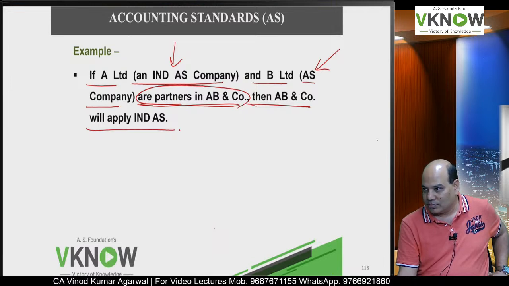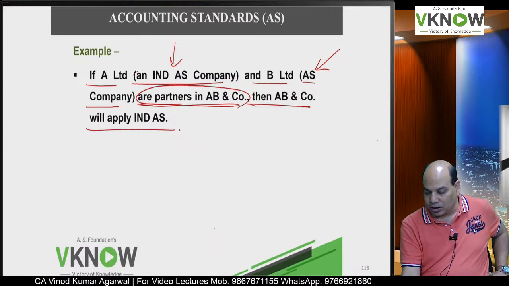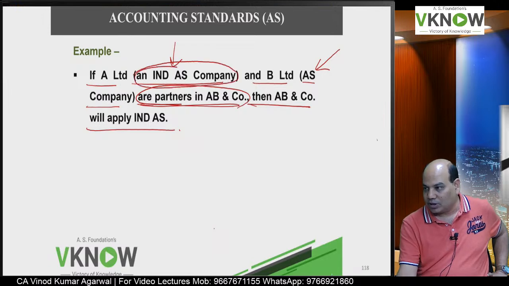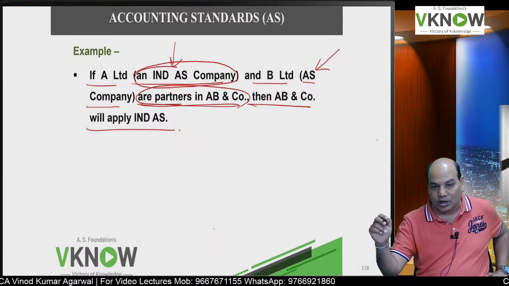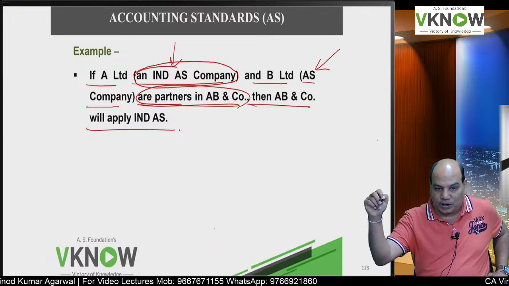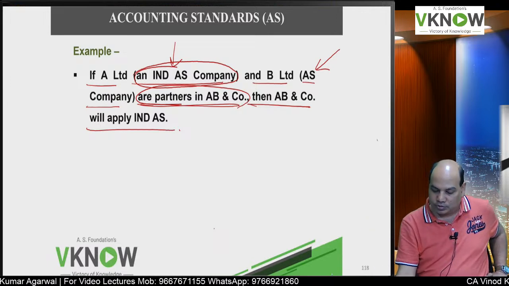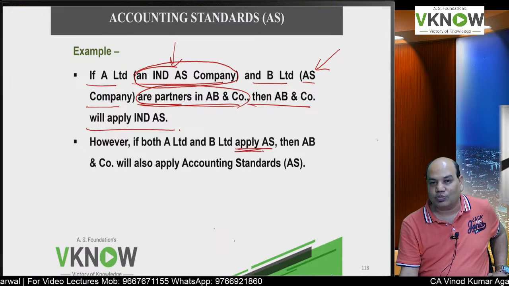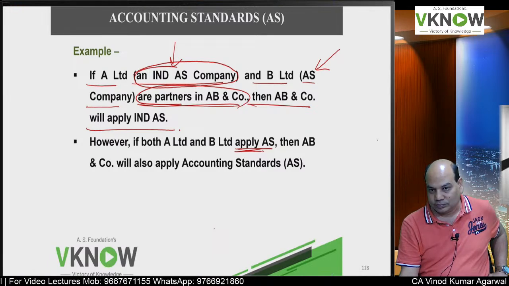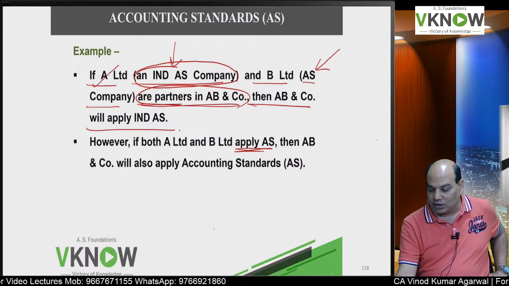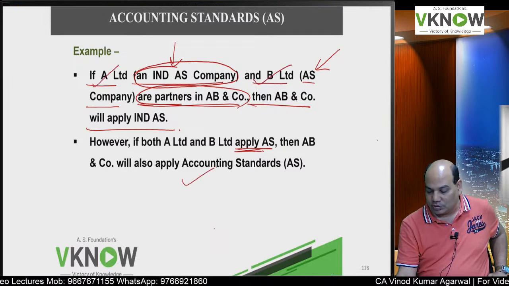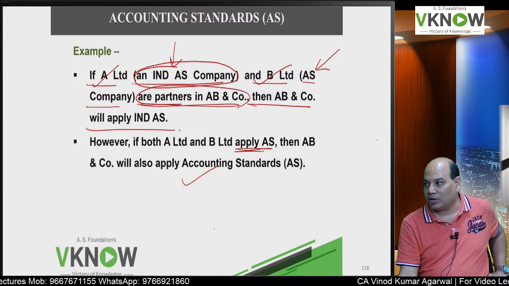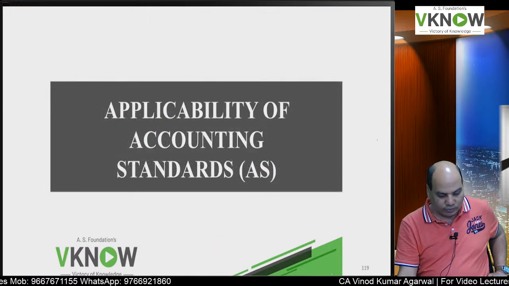Ind AS. Because if a company is a partner in a partnership firm and the company follows Ind AS, the partnership firm will also follow Ind AS. But suppose both partners are applying accounting standard only, then the firm will also apply accounting standard.